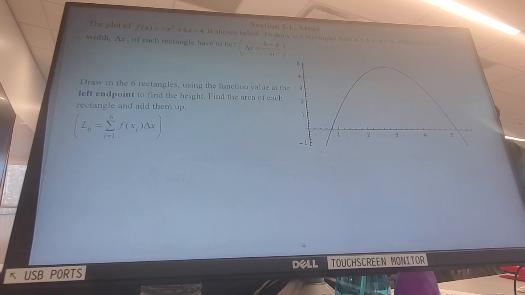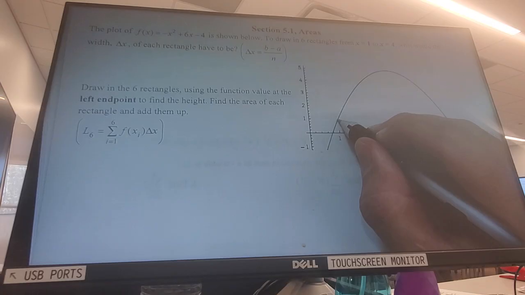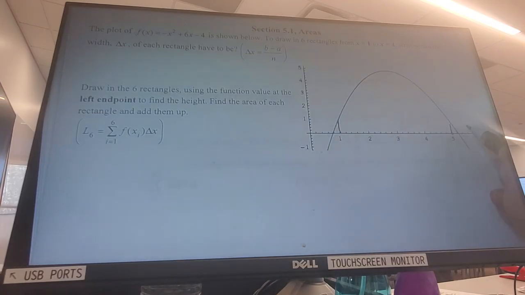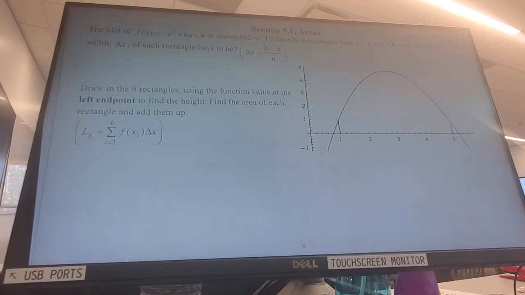So first thing I want you to calculate is the width of each rectangle. Don't say it. Just calculate it. So in your picture, you can even tell yourself what's going on. 1 to 4. It's not going to be the height of the rectangle, but Jeff, you put a 5. You need your glasses.